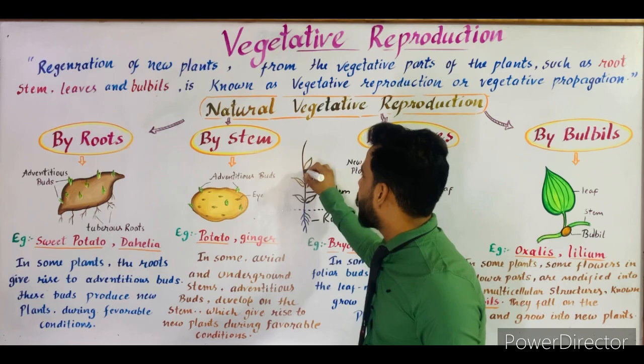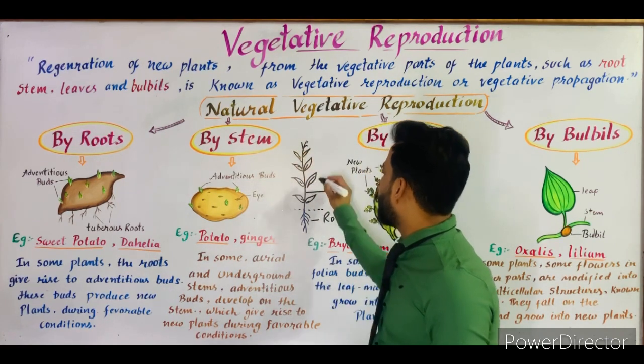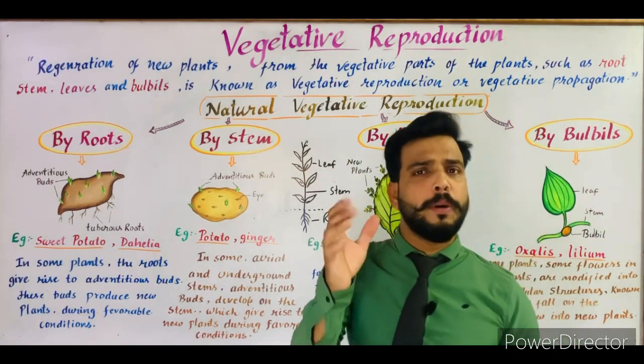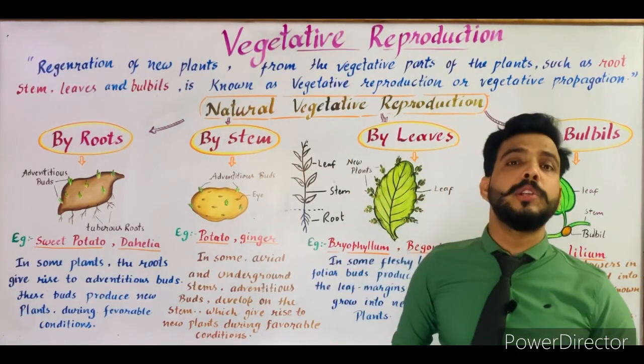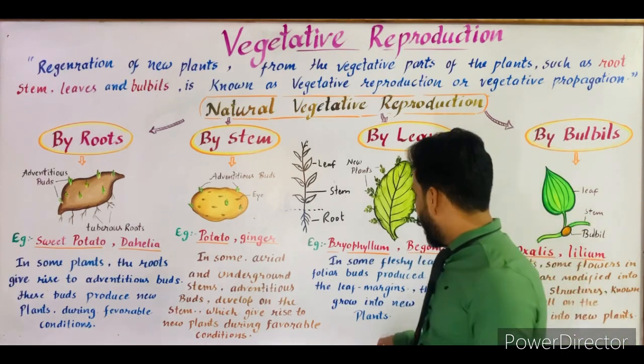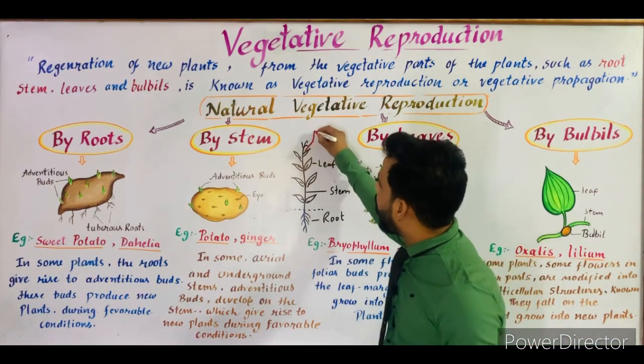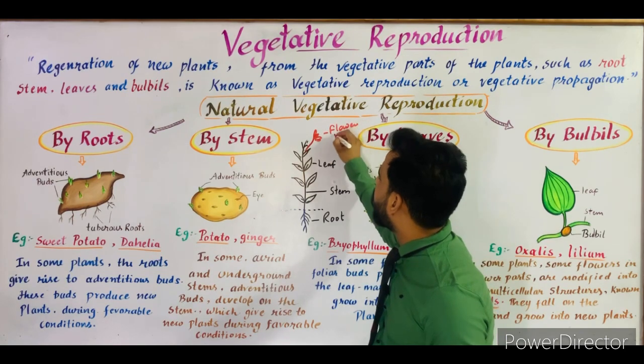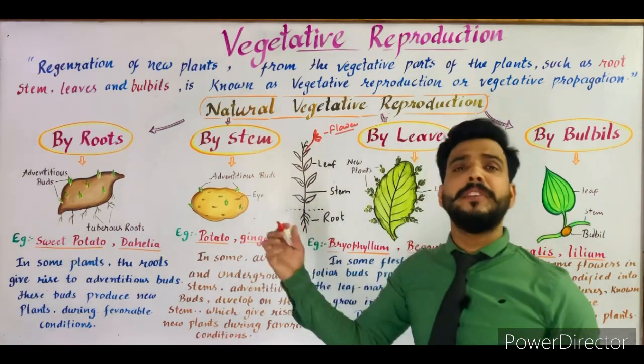These are the leaves. So the root, stem and leaf are the vegetative or somatic parts of a plant, while the flower is the reproductive part of a plant, which consists of male and female parts.